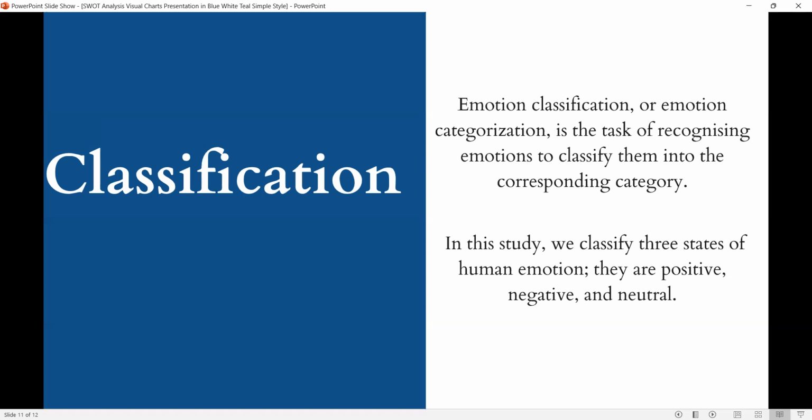There are also ethical considerations: it is important to consider the ethical implications of using emotion detection technology, especially in sensitive areas like surveillance and mental health. Emotion detection has a wide range of applications, including human computer interaction, sentiment analysis in marketing, virtual reality, healthcare, and many more.